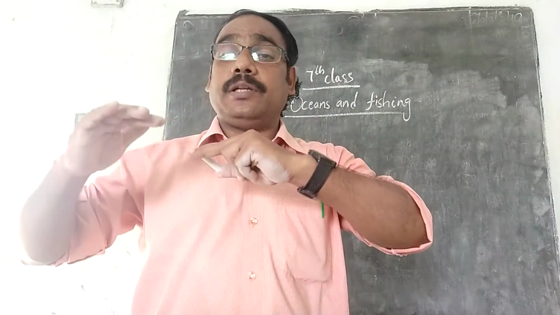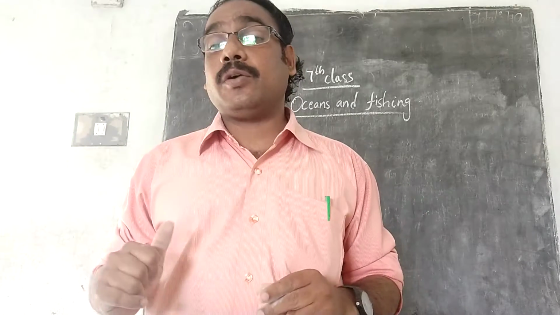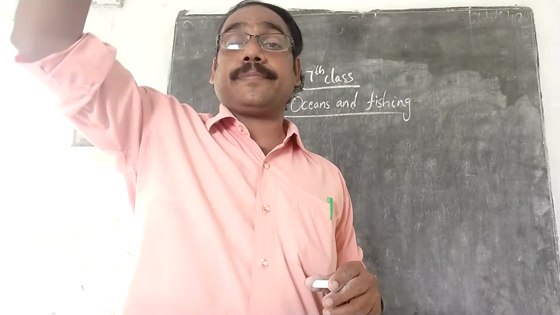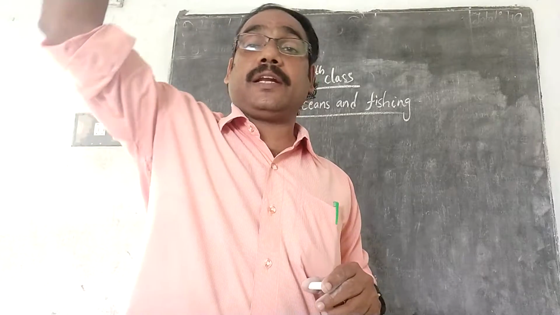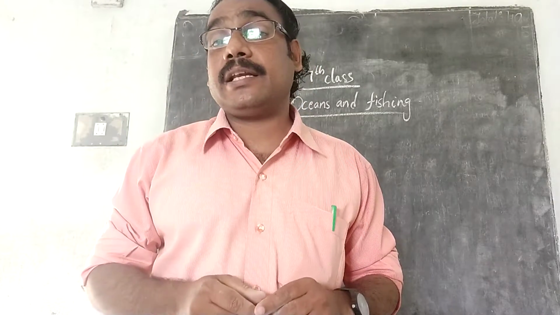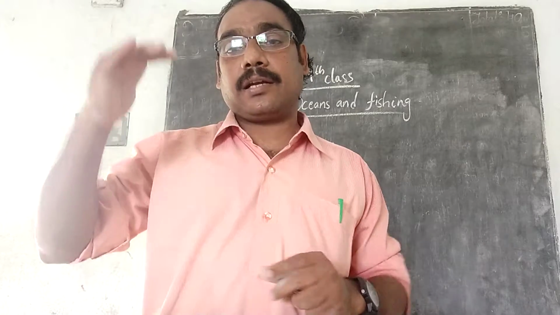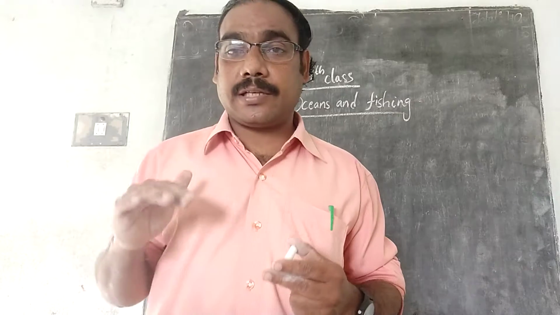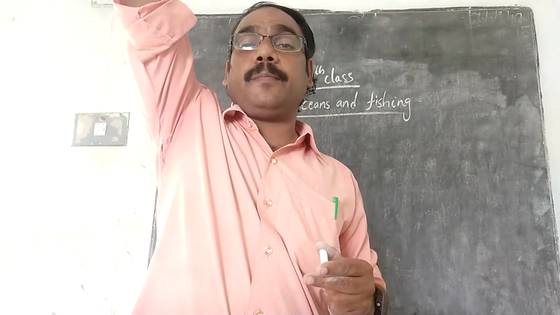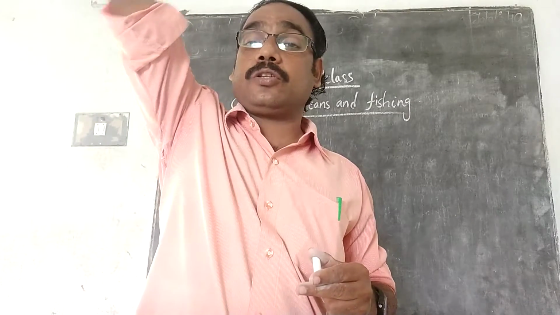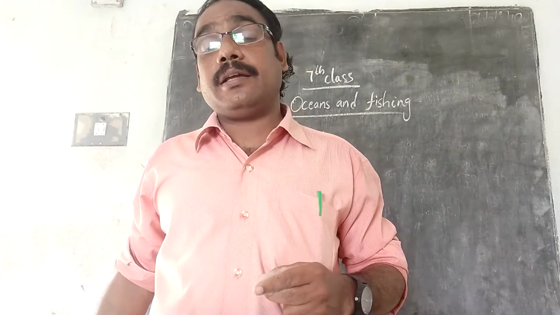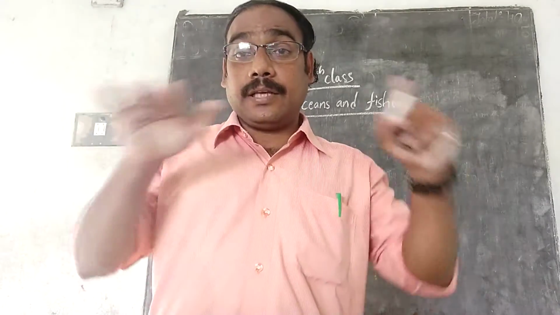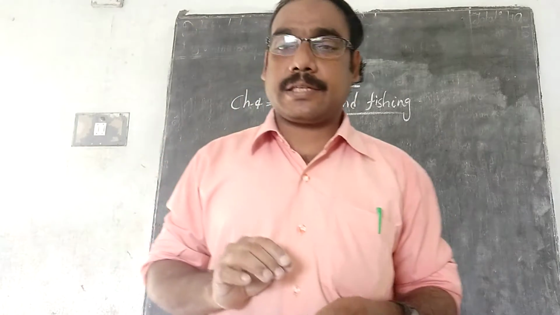The equator's downside, 23.5 south, is known as the Tropic of Capricorn. Again after 66.5 degrees north is known as the Arctic Circle. 66.5 degrees south is known as the Antarctic Circle. Then 90 degrees north is the North Pole, and 90 degrees south is known as the South Pole. So that is the globe overall.